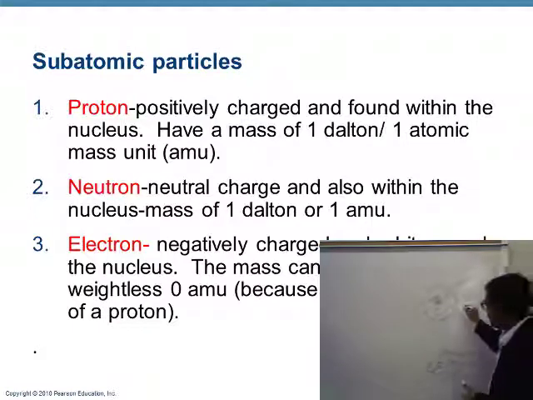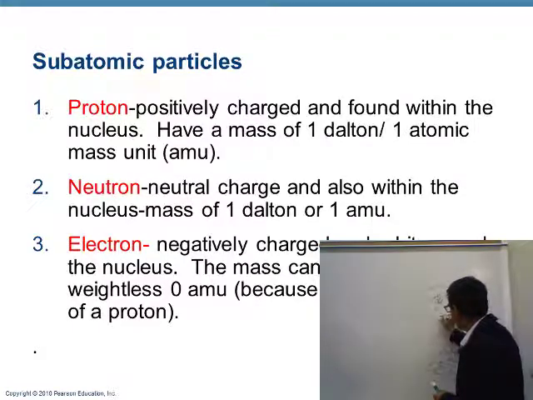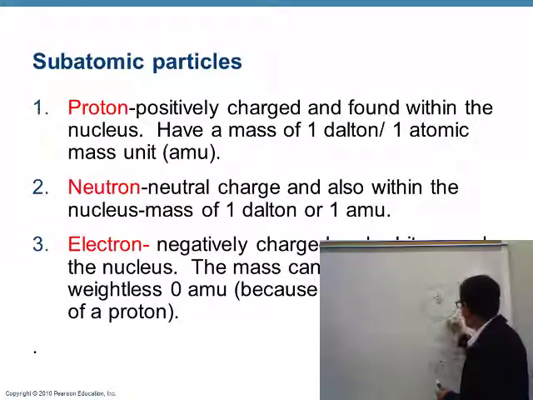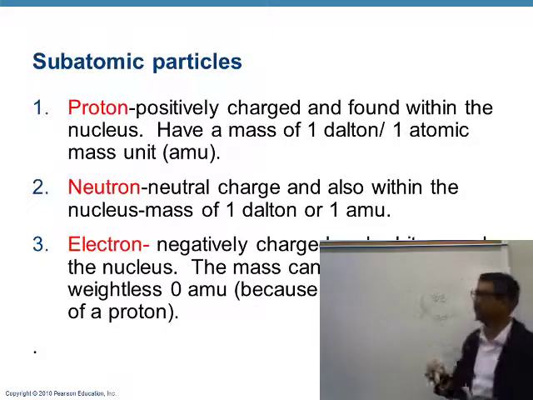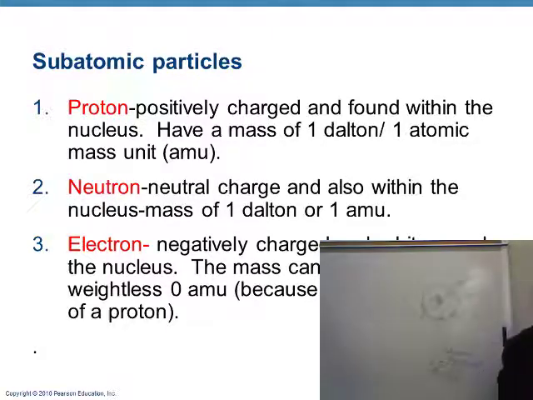On the shell, you have electrons, and electrons are negatively charged subatomic particles. So protons are positive, neutrons are neutral, electrons are negative. And protons and neutrons are located in the nucleus, and electrons are located on the atomic shell.